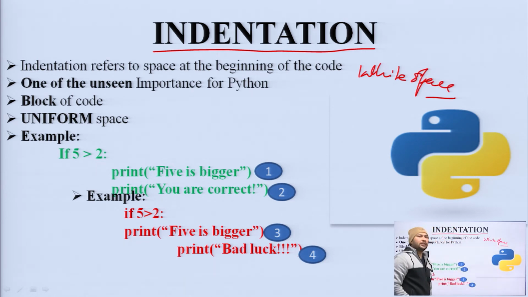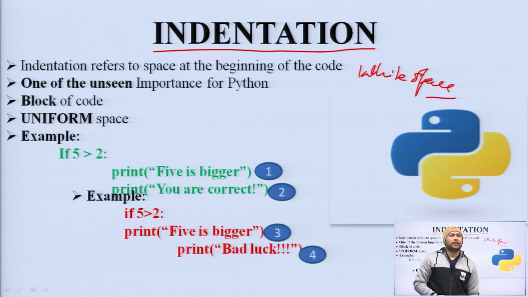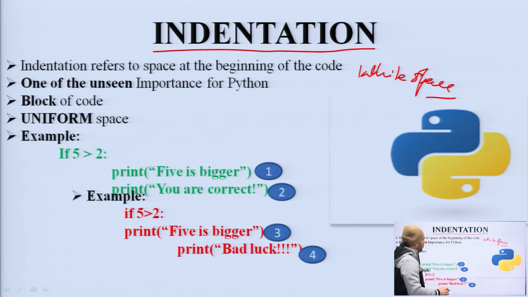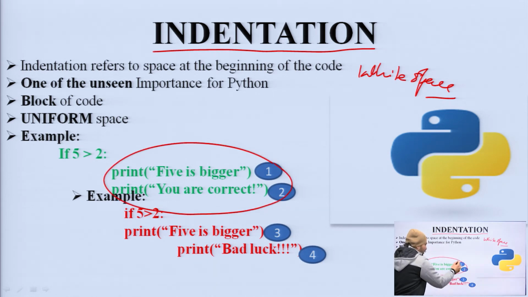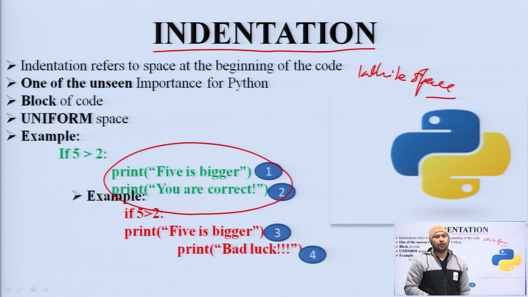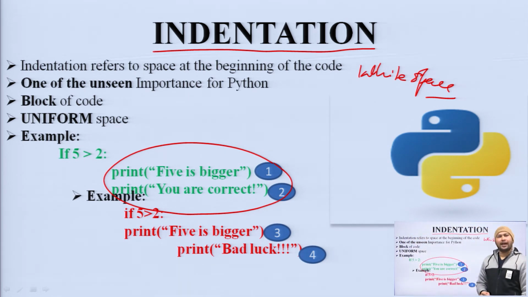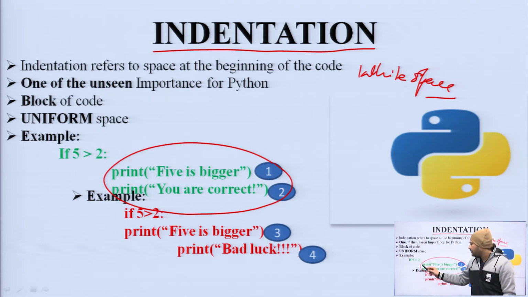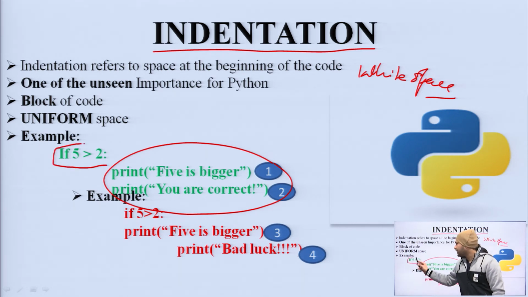On the basis of this white space, the interpreter will interpret whether the code belongs to something or not, because here there are no brackets. So the indentation guides the interpreter as to whether this code belongs to this or not. Here you can see it is in green, which means the indentation is there. It is directly saying that with these spaces it belongs to this statement.